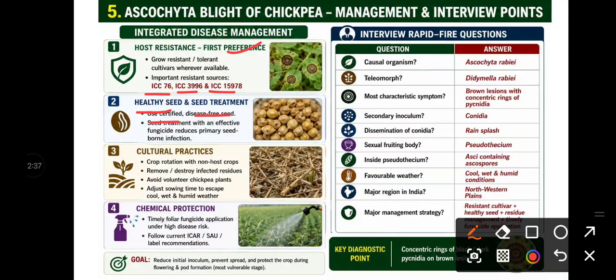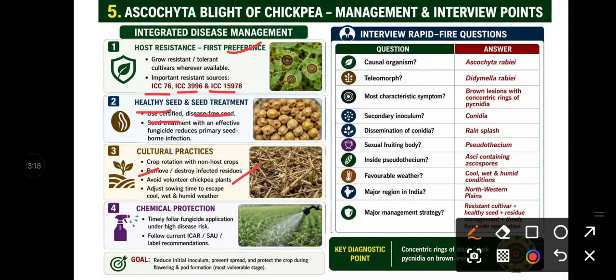Then for the management of crop residue we can do cultural practices like crop rotation, remove and destroy the infected residue, avoid volunteer chickpea plants, and adjust sowing time to escape cool, humid and wet weather. Then if all these practices fail, the final ultimate management practice we can adopt is the use of fungicides. So we can do foliar treatment with broad spectrum fungicides like mancozeb and sulfur dust. These can be used.